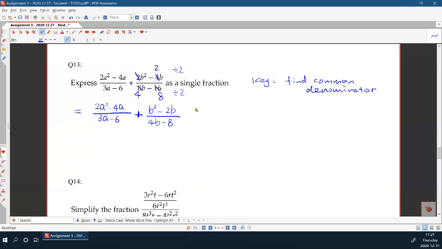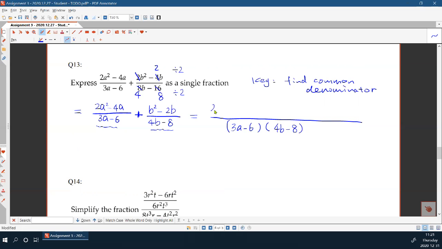Next we need to find the common denominator. The common denominator of these two is the multiplication of these two terms. So here the common denominator is 3a minus 6 times 4b minus 8.